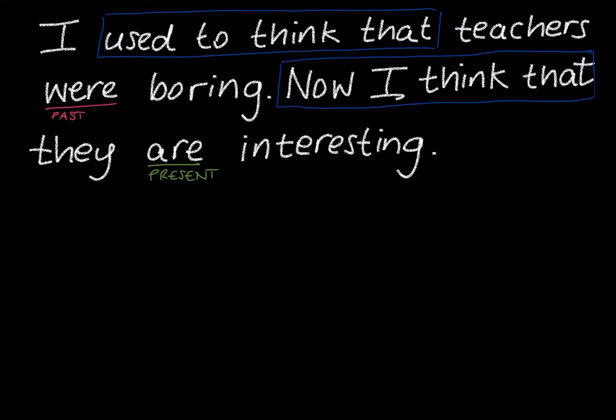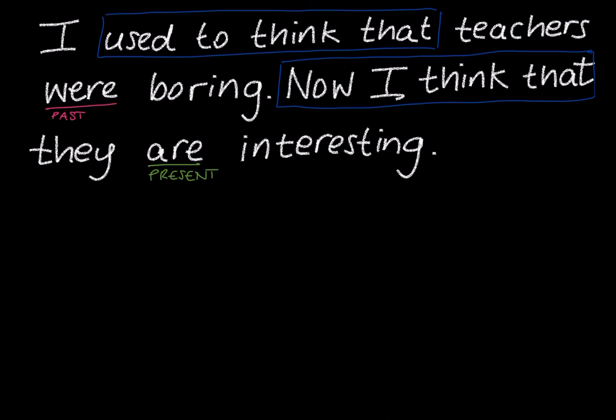Another thing we can do is add a longer sentence, okay? But we need to add that, okay? For example, I used to think that teachers were boring. Now I think that they are interesting, okay?